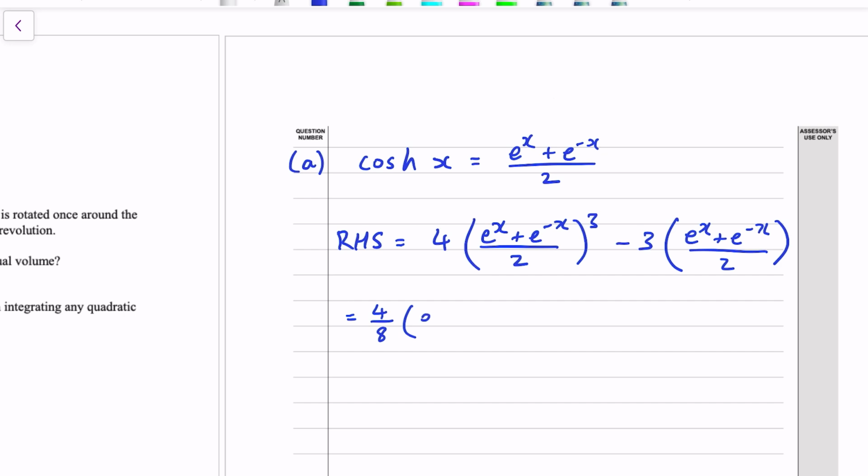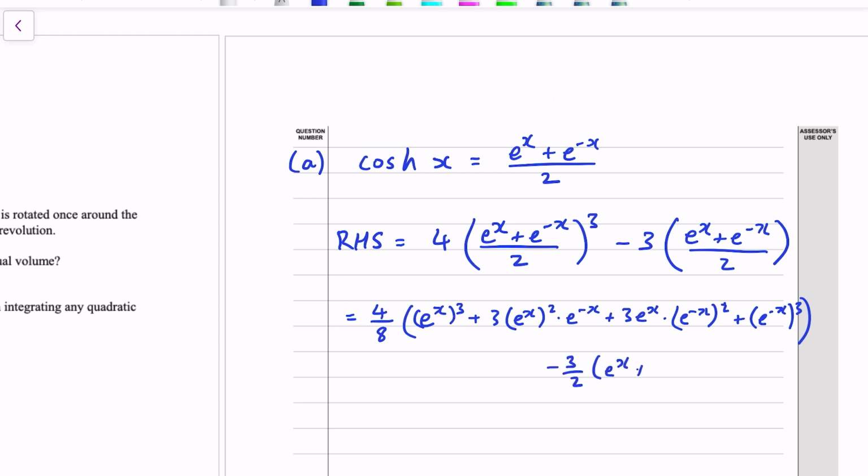So the first thing cubed plus 3 lots of the first thing squared times the second plus 3 lots of the first thing multiplied by the second thing squared plus the second thing cubed. Okay, and then we're minusing 3 over 2 times e to the x plus e to the minus x.